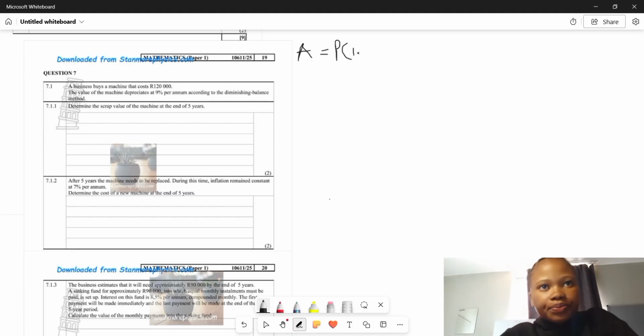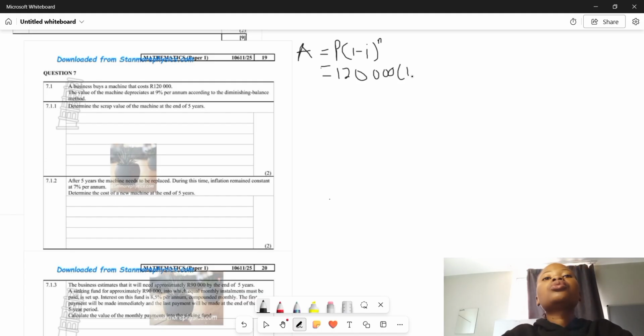So now we are going to substitute 120,000 into 1 minus 0.09 over 5.